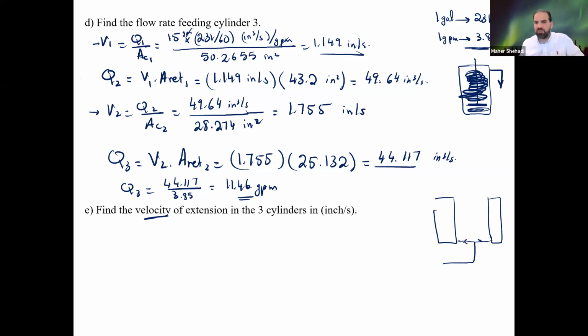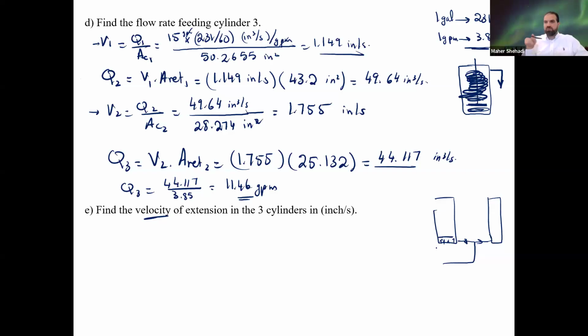So I need to know how much is coming. We will divide the partial flow in that branch that comes into that specific cylinder by the cap area, or the area in general that supplies that piston, and that's the velocity in that piston.